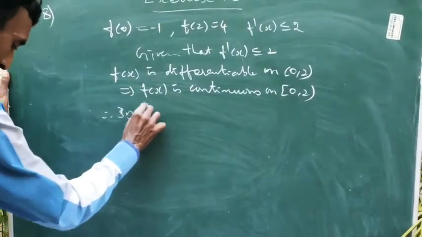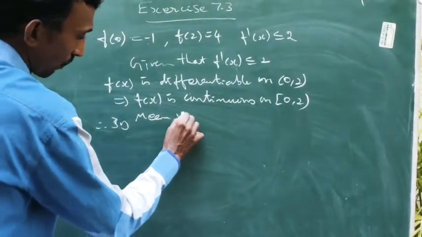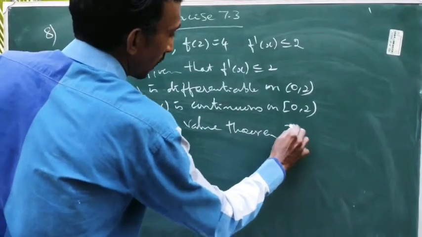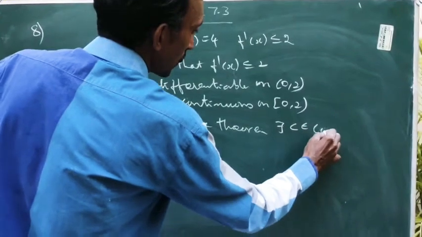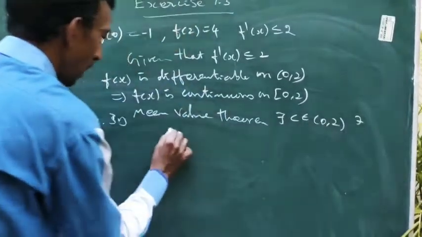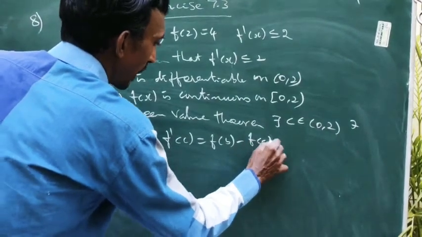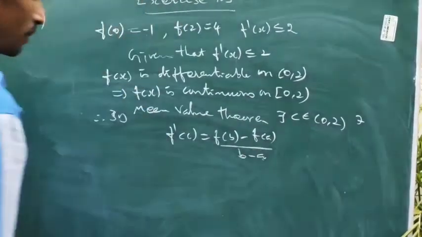Therefore by the Mean Value Theorem, there exists C belongs to (0, 2) such that f'(c) equal to (f(b) minus f(a)) by (b minus a).